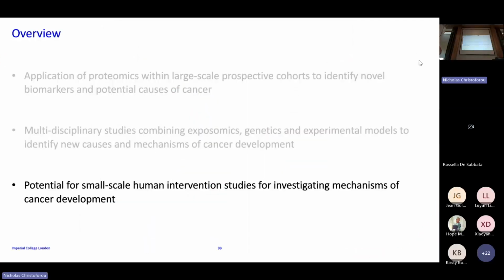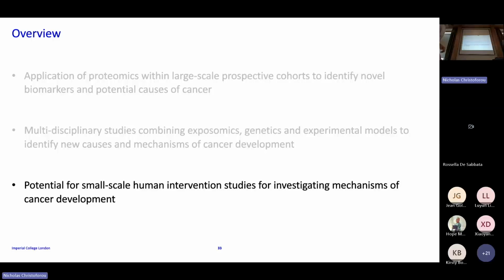So, in 2 minutes, just to quickly say, I'm also very interested in small-scale human intervention studies as a way of investigating mechanisms of cancer development. So I've been doing some work looking at diet-induced weight loss and collecting human tissue samples pre and post weight loss and applying molecular technologies to identify what actually happens in some of these tissues when we remove exposure to particular cancer risk factors such as obesity.